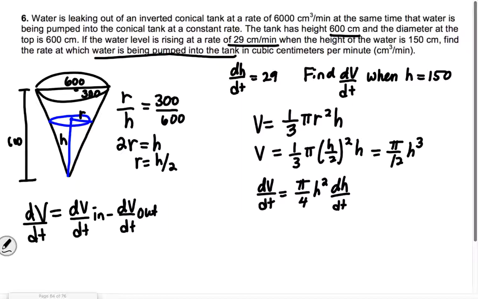So we start plugging things in. So I get pi over 4, h is 150, dh over dt is 29, and dV over dt is what we're finding. And we get an obnoxiously large number.